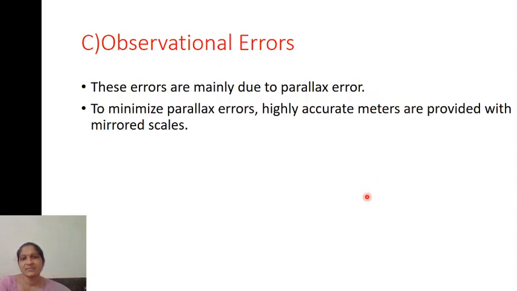These errors can be reduced by highly accurate meters provided with a mirrored scale. Under the pointer there is a mirror, so that if the pointer and the mirror coincide, then parallax error will be reduced. Like this you can reduce the observational errors.